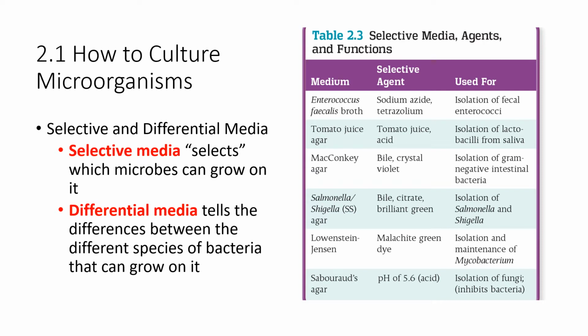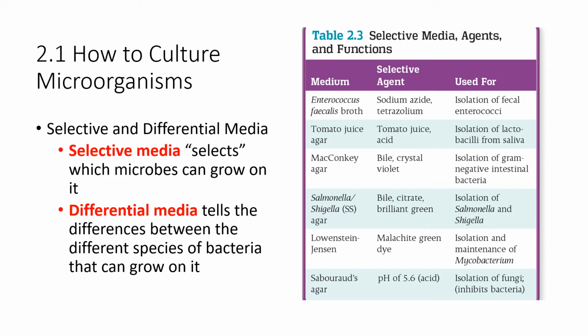The bile salts are going to interfere with gram-positive bacterial growth. The crystal violet is going to get caught up in the cell wall of gram-positive bacteria, making it harder for them to grow. So the gram-negative intestinal bacteria are going to grow very well on MacConkey agar. All other bacteria will struggle and probably not be able to grow.